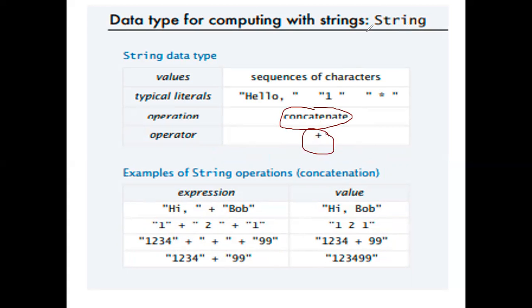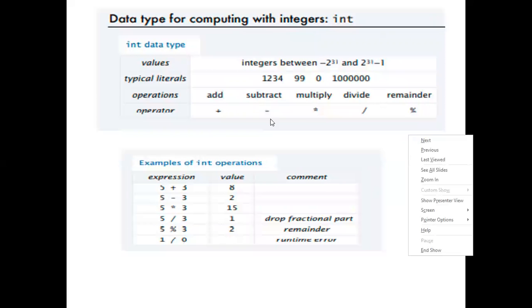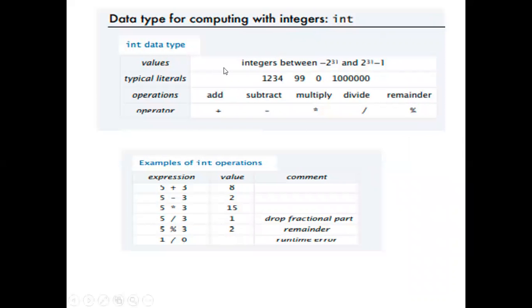Fine. So let us check the next data type. My next data type is int. This is very easy. As I told you, int stores which value? Numbers. Int stores numbers. It can be a positive number or a negative number, but it doesn't include a decimal point. So what operators are used?